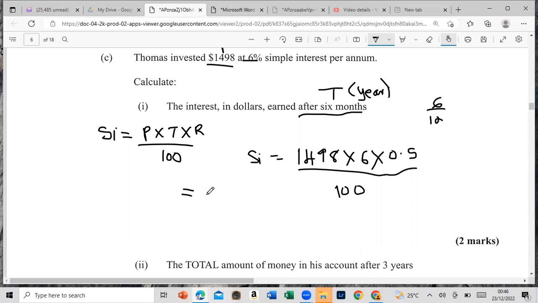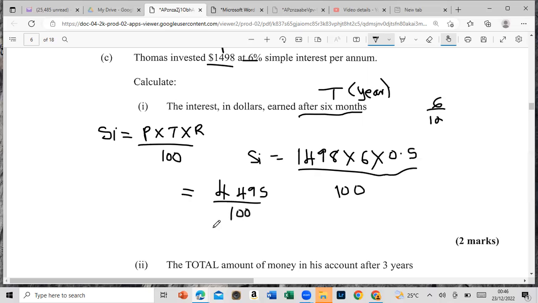So it would be 1,498 times 6 times 0.5, which works out to 4,494. Divide by 100.